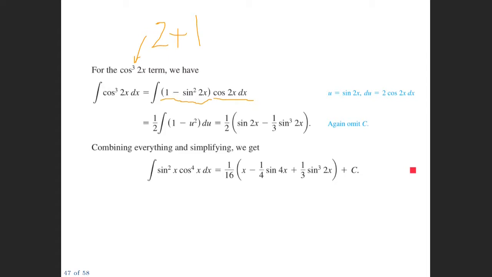So this just is the integral of 1 minus u squared du, which is then very easy to do. Put everything together, and I'll leave this for you to check when you read this in your book or you rewatch the lecture. You can check that the answer to this problem is given here at the bottom.